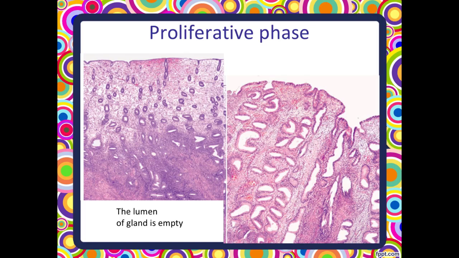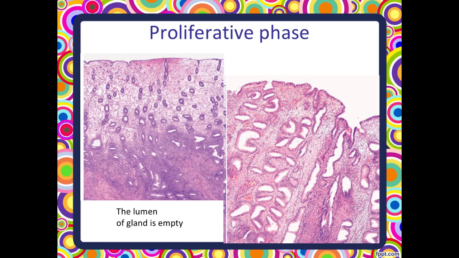So the epithelial cells in the depths of the uterine glands reconstitute the glands, and they migrate superficially to cover new endometrial surface.